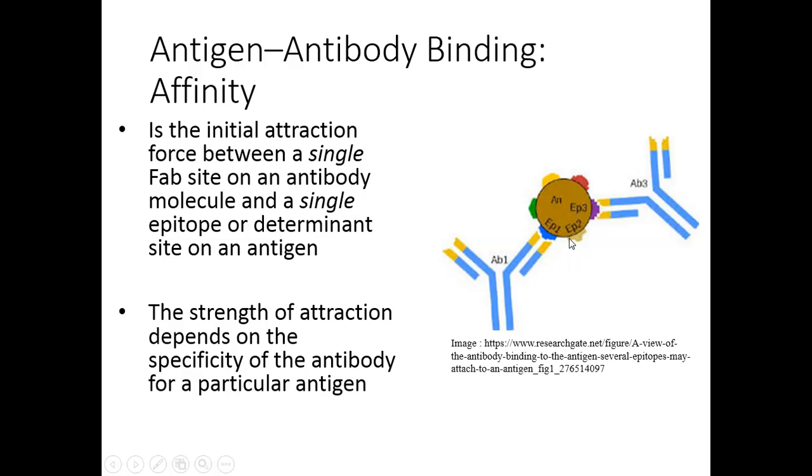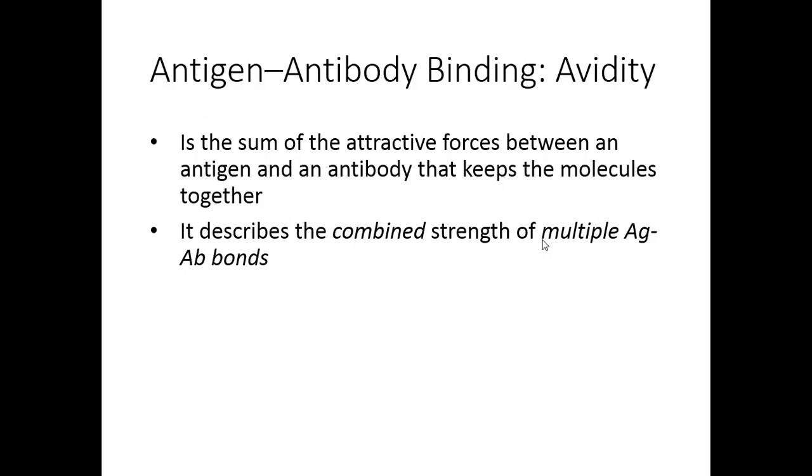They're different, right? So antibody 1 can't bind to epitope 2. They're different structures. So affinity is just, again, referring to the initial attraction between the epitope on the antigen and a single FAB site on the antibody. And that's the matching antibody to that epitope.